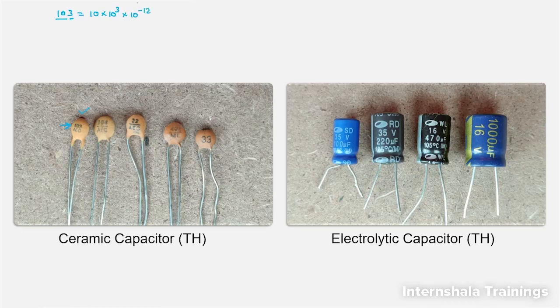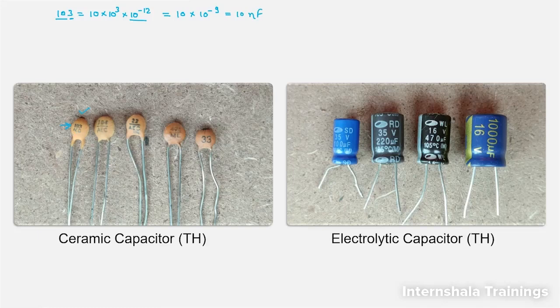Whenever you do the calculation for a ceramic capacitor, you always have to multiply at the end by 10 to the power minus 12. Now let's resolve this equation. After resolving it, you get 10 into 10 to the power minus 9. So that becomes 10 nanofarad. This one is a 10 nanofarad capacitor.